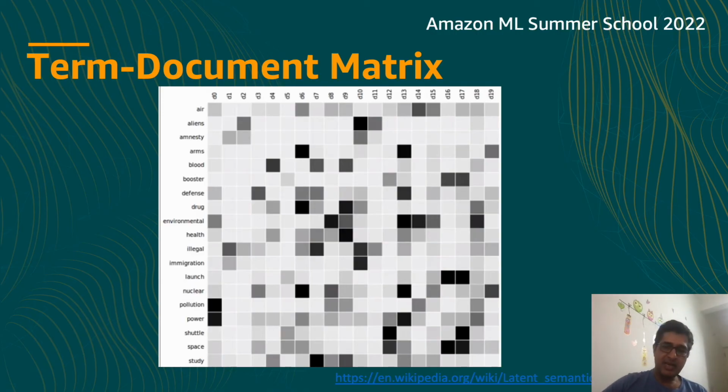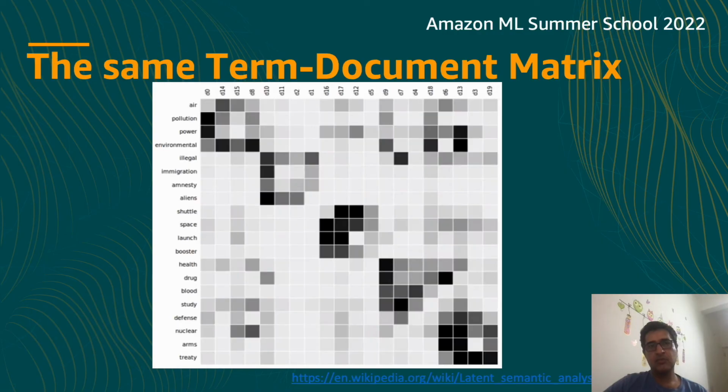So an SVD operation on this term document matrix leads you to this. Essentially what you have done is rearranged the documents and rearranged the words. But in doing that, what you have realized is that there are certain documents which are talking about only these words, so most of their weights are on these ones.